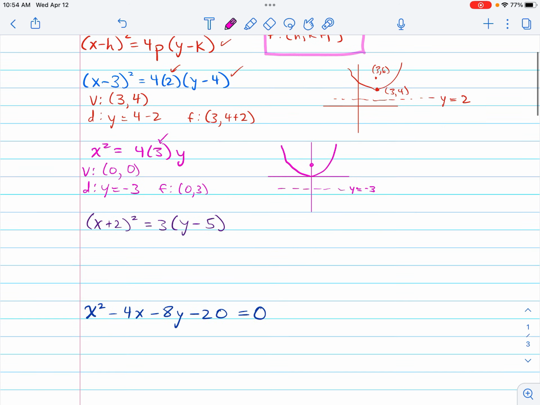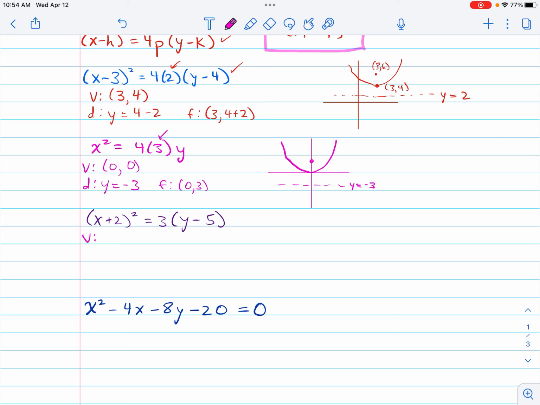Now, for this next one, look what we've got here. We've got the vertex (-2, 5). See? You use the opposite values of what you see in the parentheses. For the directrix, we've got y equals 5 minus... there's no 4 times anything here. Notice this is just 3.